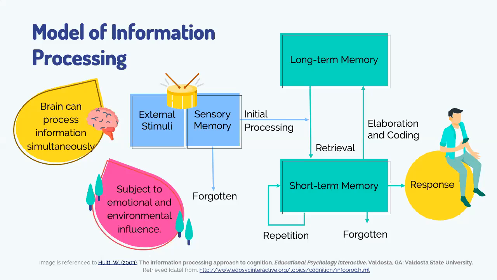Usually in the information processing system, our brain has sensory memory, which is a kind of memory that traces the senses presented to the person. And there will be some initial processing based on the senses.